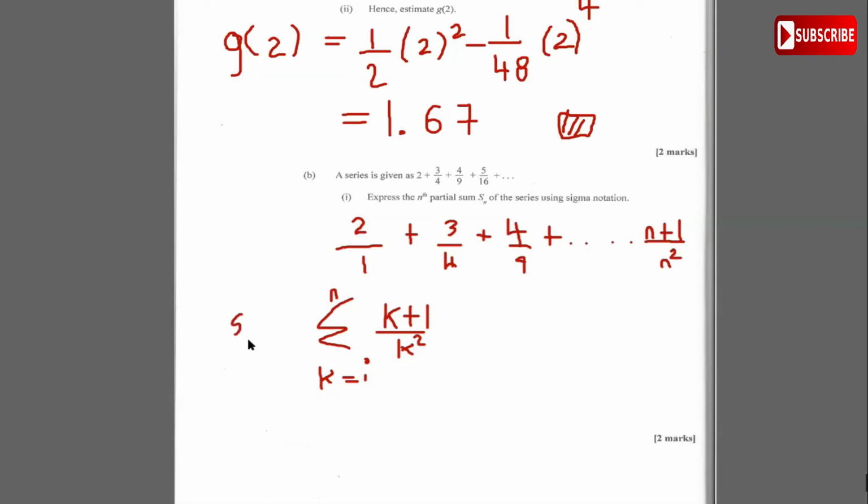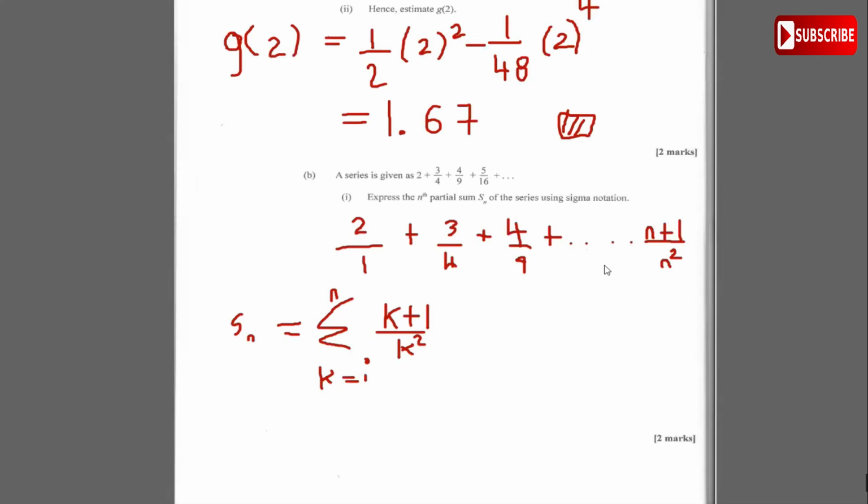So Sn is the sum from k equals 1 to n of k plus 1 over k squared. Nice. All right, it says calculate S20 minus S18.